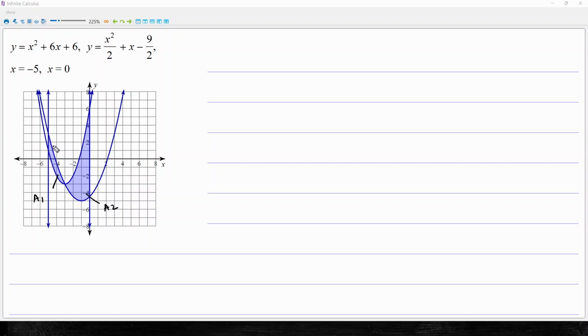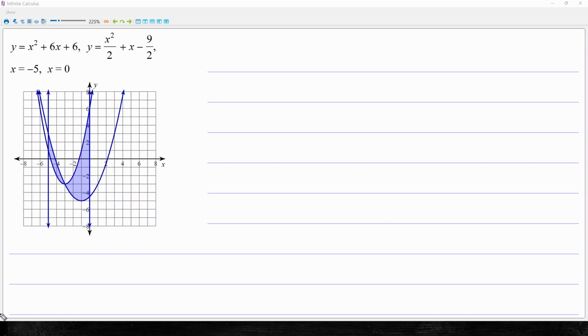Because for area 1, this is the upper function and the other graph is the lower function. But the same graph after this point of intersection becomes the lower function, and the other graph becomes the upper function. So we have to calculate these areas in two parts, area 1 and area 2. And this is important.